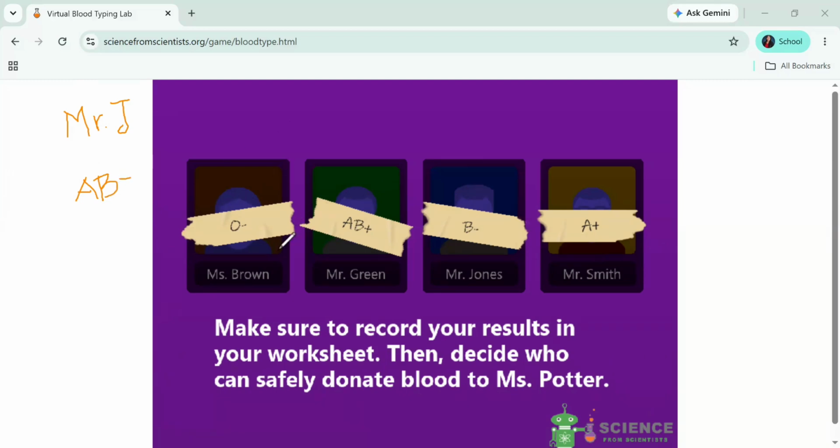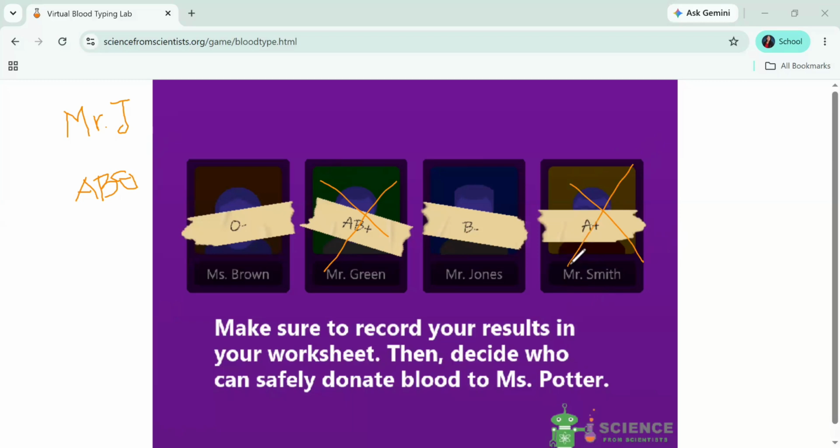Who do you think can donate? Miss Brown, Mr. Green, Mr. Jones, or Mr. Smith? Negative means an RH factor of negative, therefore it can only accept negative blood types. So we automatically omit Mr. Green, because although he is AB, his is positive. What Mr. J needs is negative. So we can also omit this one.